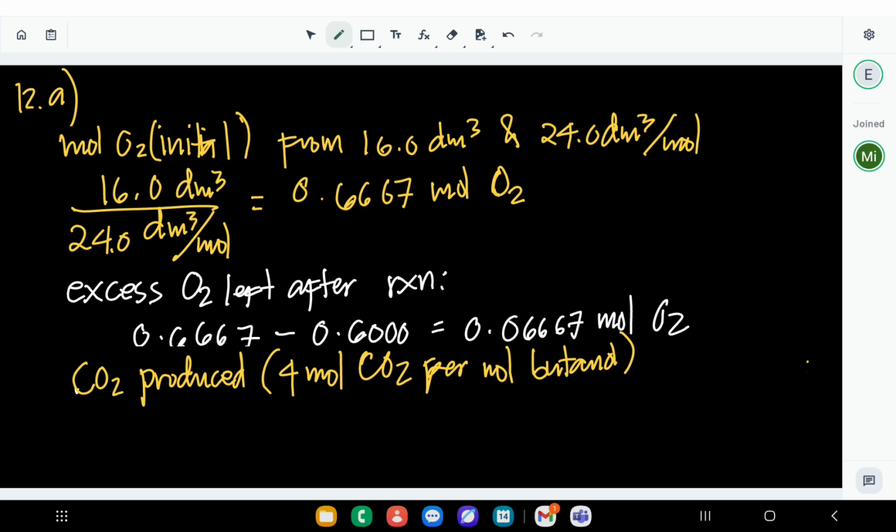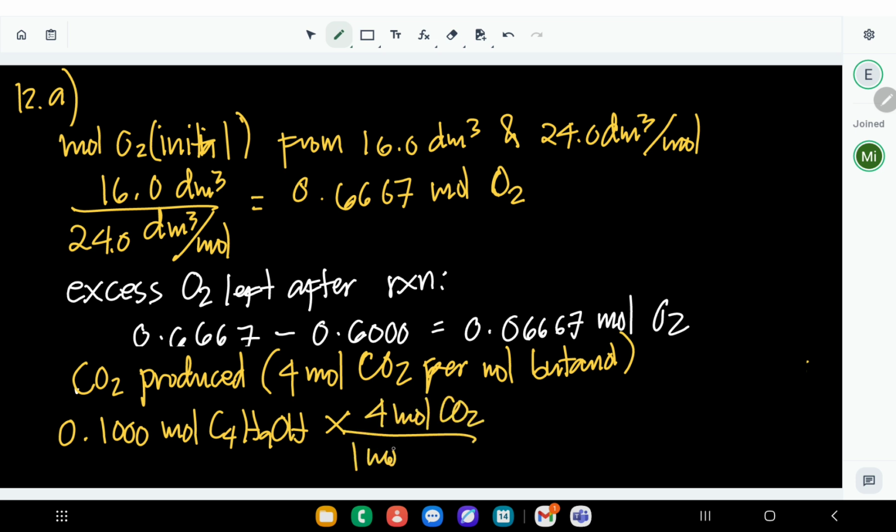We calculated the number of mole of butanol previously, which is 0.1 mole butanol. Multiply this by the mole ratio of carbon dioxide and butanol, 4 moles carbon dioxide per 1 mole butanol. So this is 0.1 times 4, so this is 0.4 mole carbon dioxide.